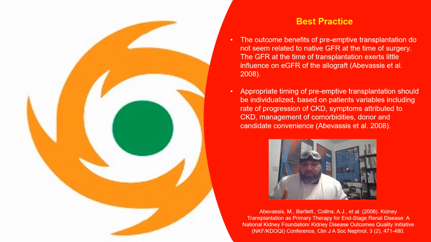The glomerular filtration rate at the time of transplantation exerts little influence on estimated glomerular filtration rate of the allograft. An appropriate timing of preemptive transplantation should be individualized based on patients' variables, including rate of progression of CKD, symptoms attributed to CKD, management of comorbidities, and donor and candidate convenience as well.